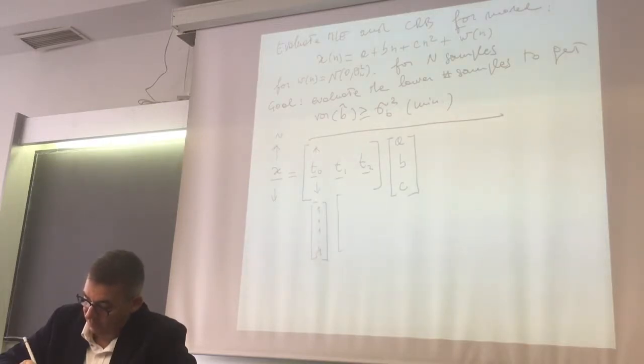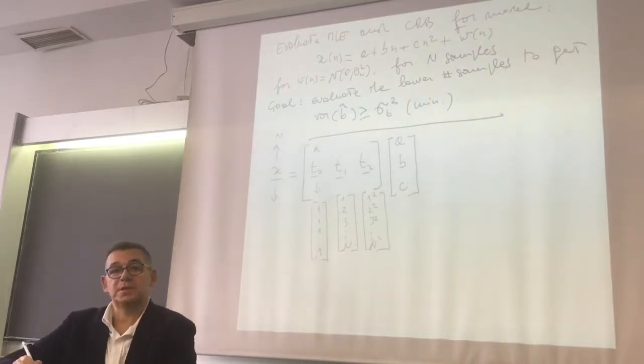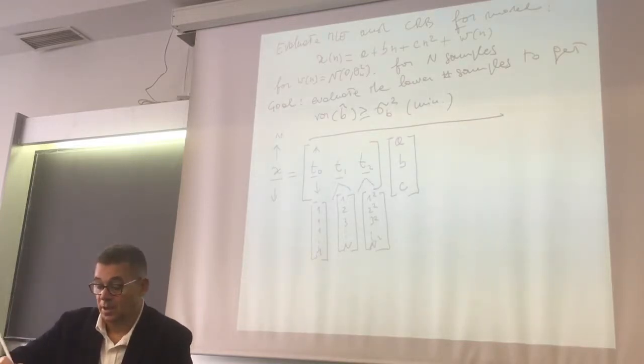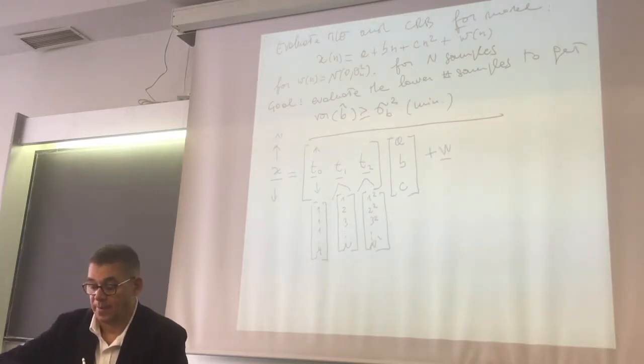T1 is a vector with 1, 2, 3, up to n. And T squared is collecting 1 squared, 2 squared, 3 squared, up to n squared. This is the content of these three column vectors, plus the other term, which is collecting noise.